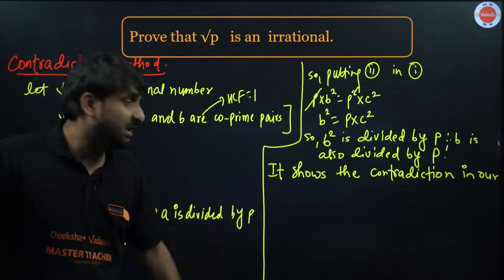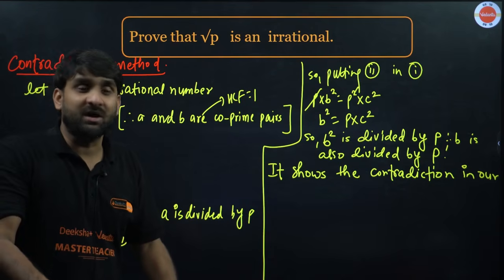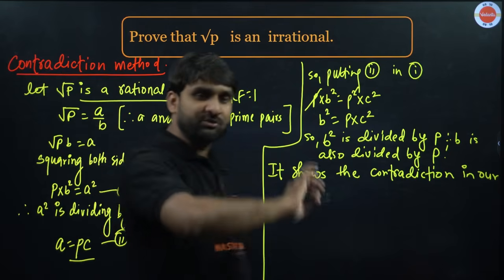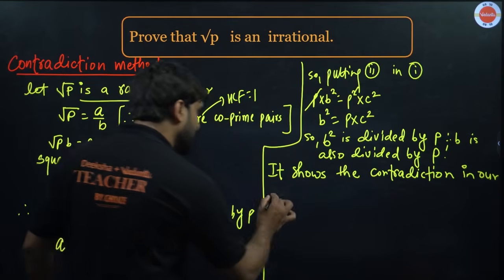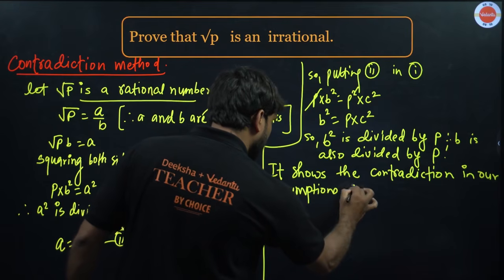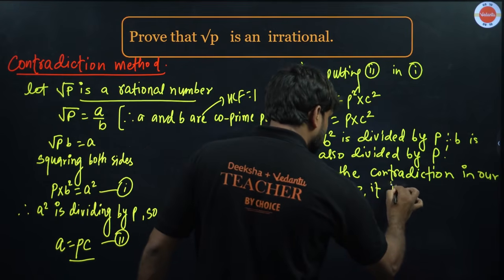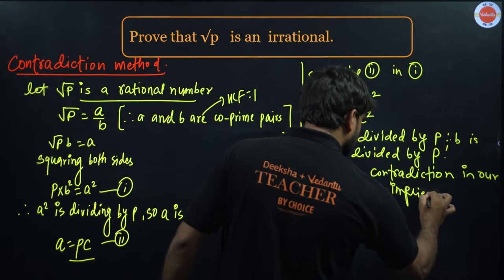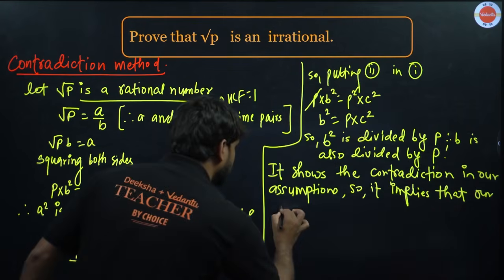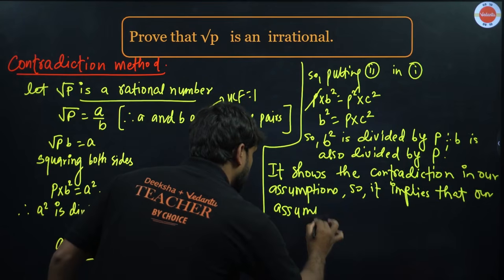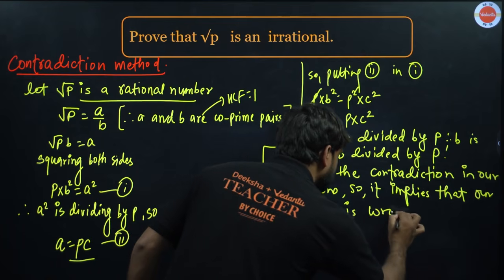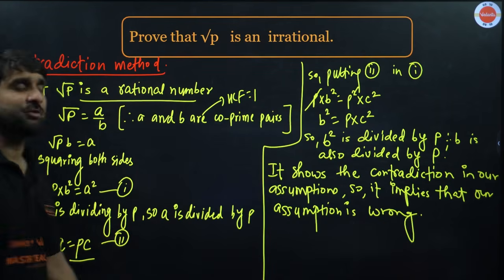The contradiction occurred due to our assumption, and we assumed root 5 is a rational number. So our assumption is wrong. And why has our assumption become wrong?